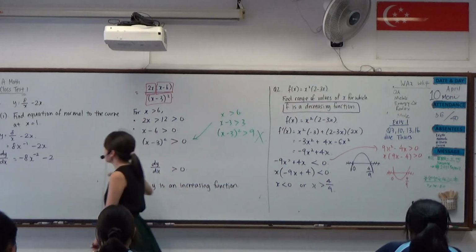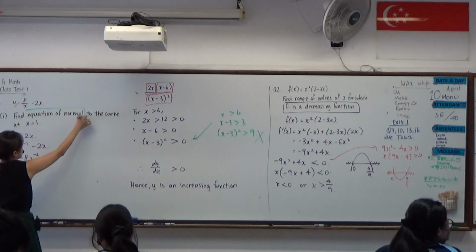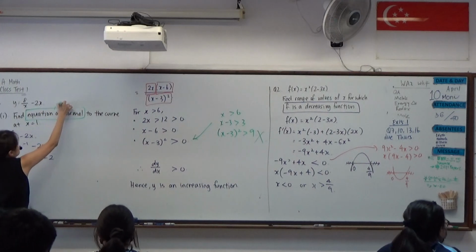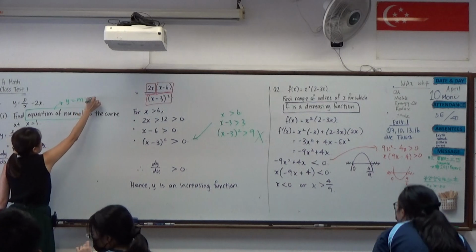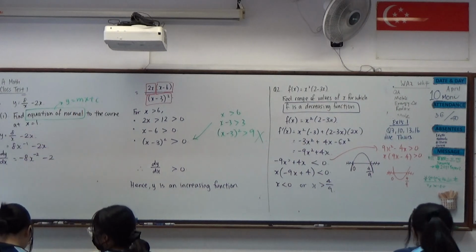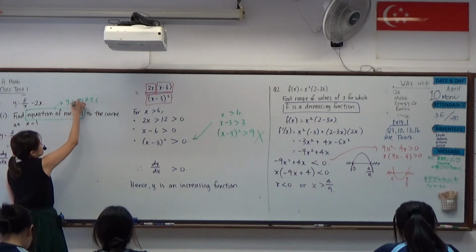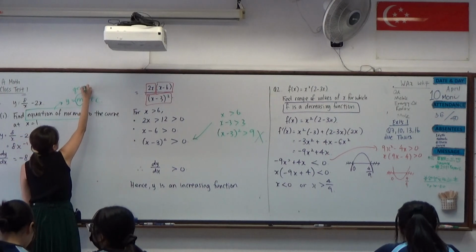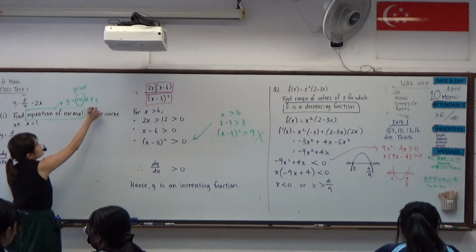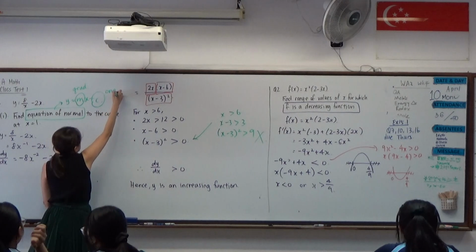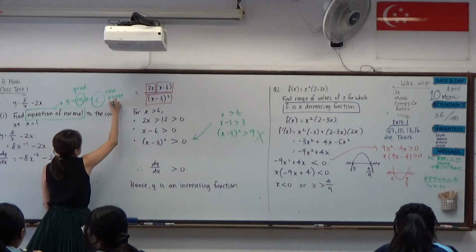For an equation of a normal, where normal is a line, we are looking at having to use our y equals mx plus c. So therefore, I must have the gradient of the normal as well as 1 point on the normal.